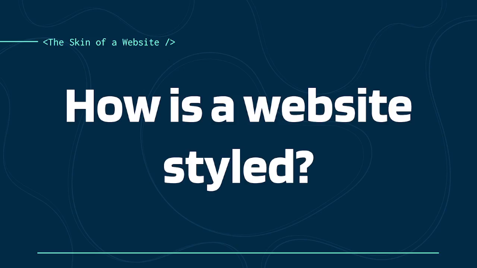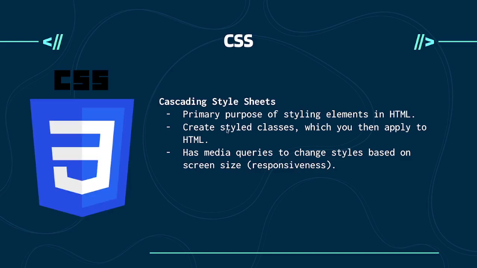So that's super cool. Next up, how is a website styled? Because I don't know if we're all big fans of the default look, so we want to make everything look good, right? And that's where CSS comes into the picture. CSS stands for Cascading Style Sheets. You never need to remember that, but that's cool if you wanted to.